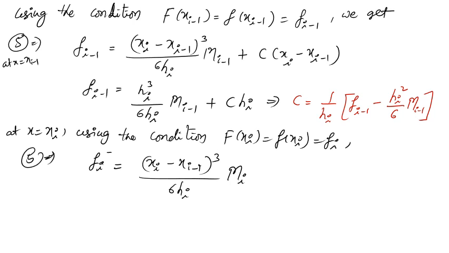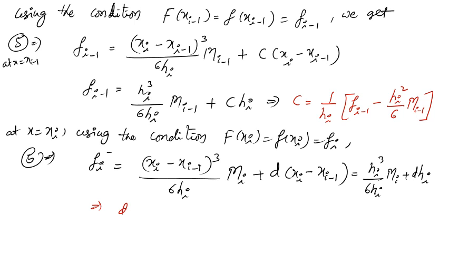First term will be 0, second term will be there in equation 5, and c term will be 0 and d term will be there, xi minus 1. So this is equal to hi cube by 6 hi mi plus d hi. From this the value of d is 1 by hi (fi minus hi square by 6 mi).